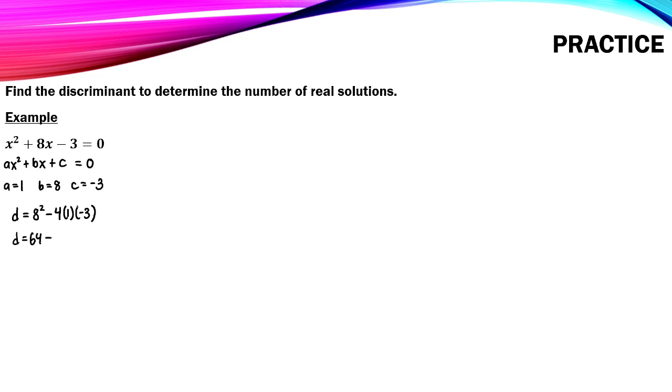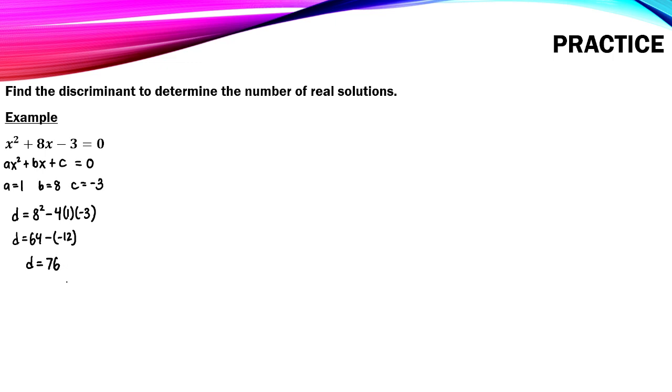I'm going to keep that minus sign there and just do this part first. 4 times 1 times negative 3. 4 times 1 is 4. 4 times negative 3 is negative 12. So this will give me 64 minus a negative 12. If I subtract a negative, that's the same thing as adding. So this is basically 64 plus 12, which gives us 76.